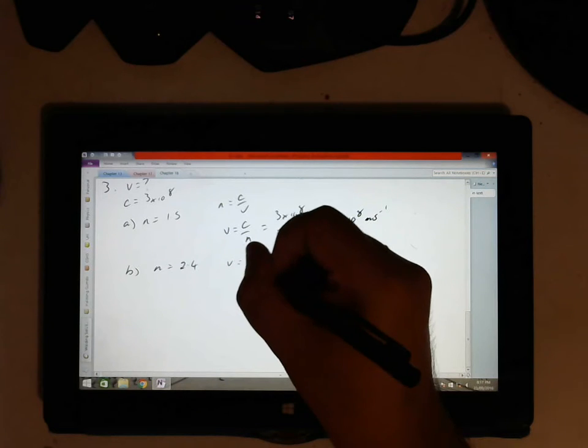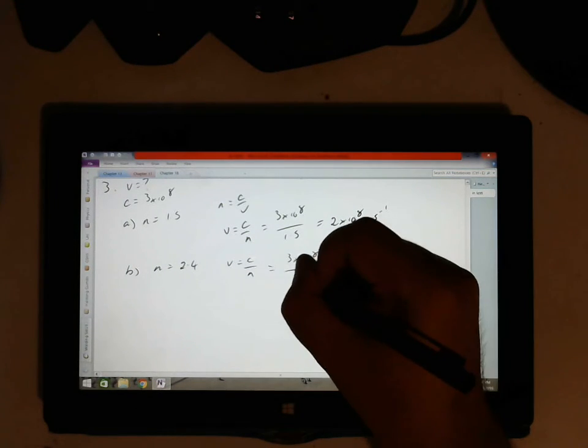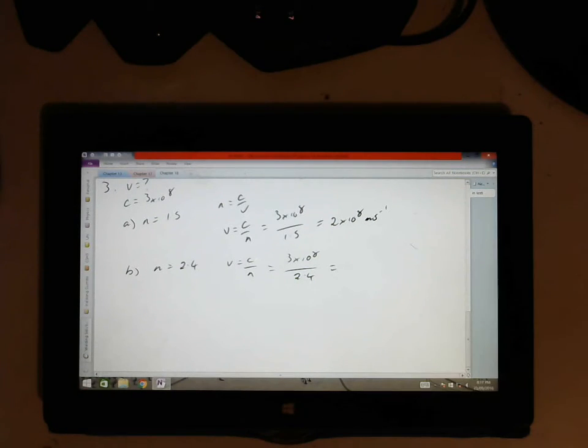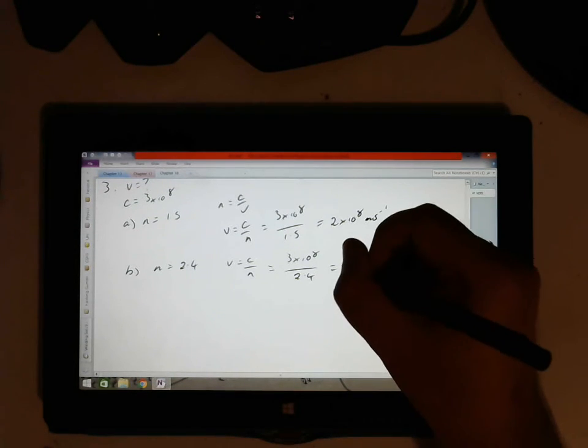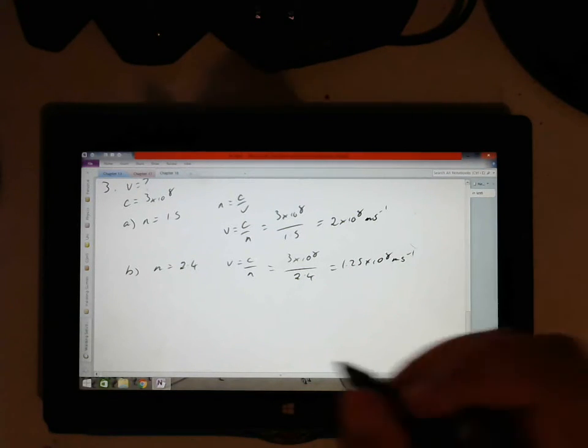So v equals c over n equals 3 times 10 to the 8 over 2.4 equals 1.25 times 10 to the 8 meters per second.